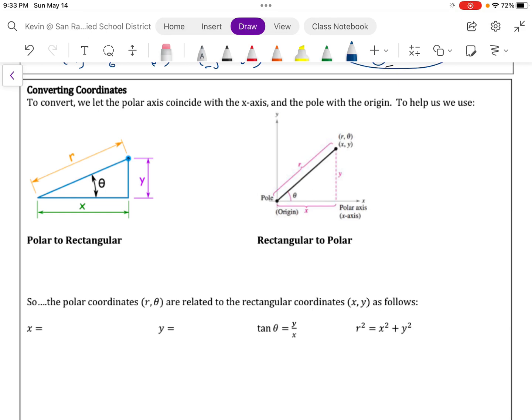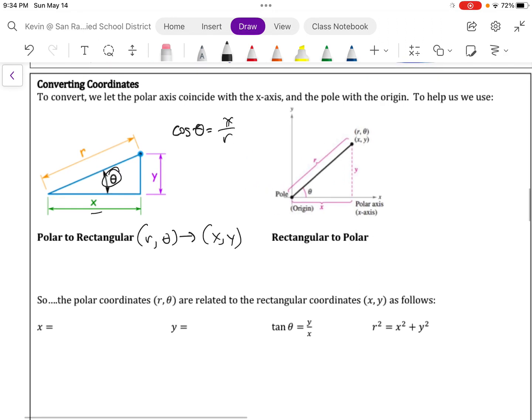So let's go from polar r theta and convert that to a rectangular or Cartesian xy. A couple things to remember. Let's go back to our basic trig. If we wanted to find this angle theta, the cosine of theta equals the adjacent x over the hypotenuse r.